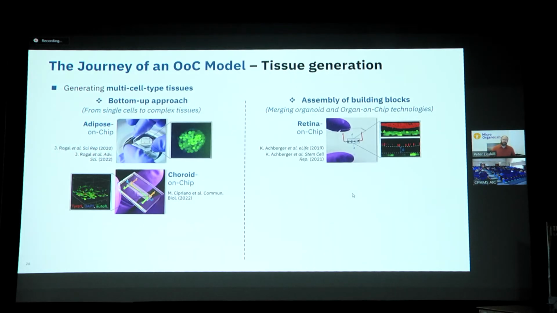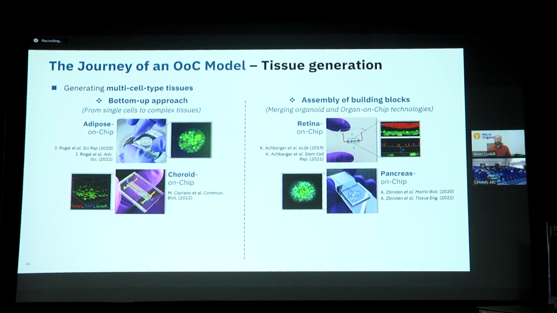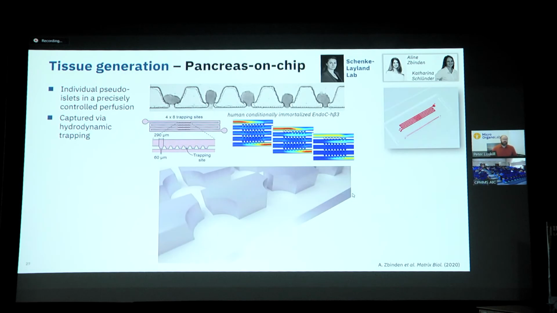The other example for the building block approach is our pancreas-on-a-chip model. And here we're not using organoids, but we're using pre-aggregated spheroids. And these so-called pseudo-islets can then be captured in a system which is tailored for exactly this size via hydrodynamic trapping.